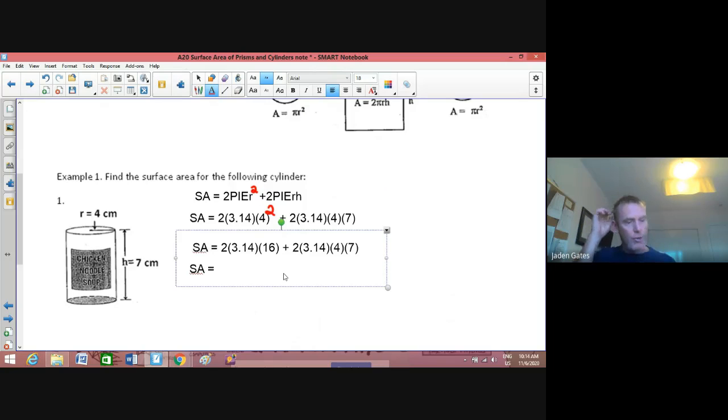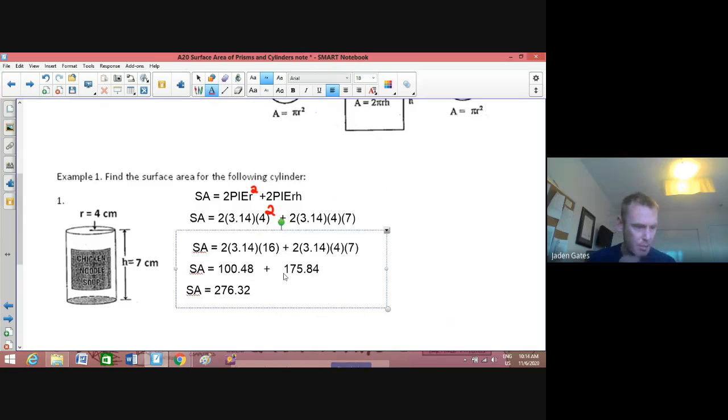When I take 2 times 3.14 times 16, I get 100.48. Plus, I have to do this other part over here. I multiply those 4 numbers, and I get 175.84. Now, the final part is I can combine those 2 numbers, and I get 276.32.